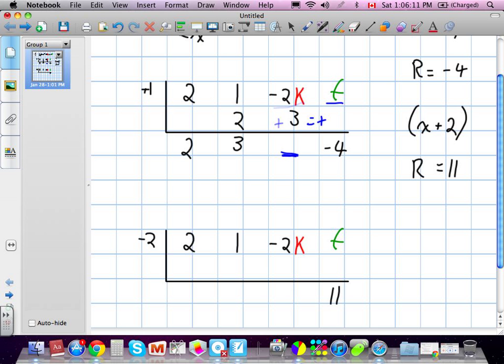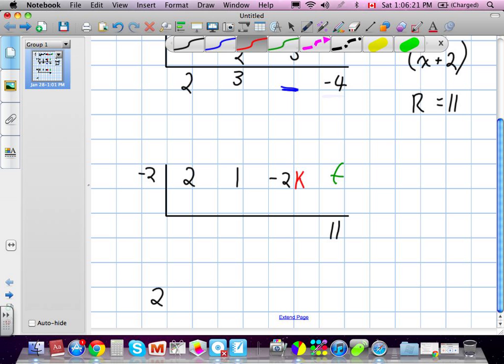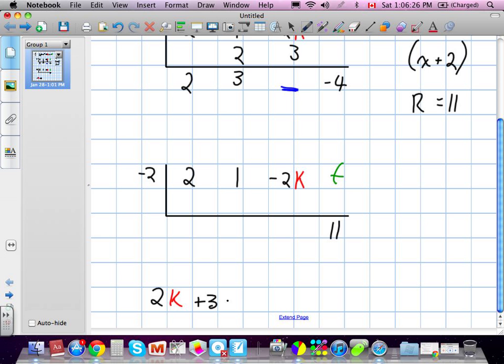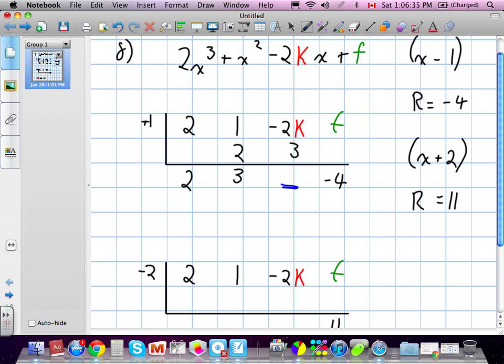Like we said before, we make one equation that says 2k plus 3 is going to be equal to some number, so we'll call that number x in this one, right? And x is also going to be f subtract, so we're going to call this number our x. It just so happens that this would technically be x times 1, because we'd have to multiply it by 1, but because 1 doesn't change anything, this number here is also going to be x. Okay.